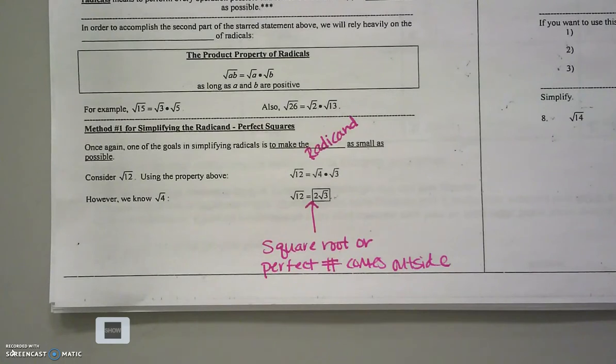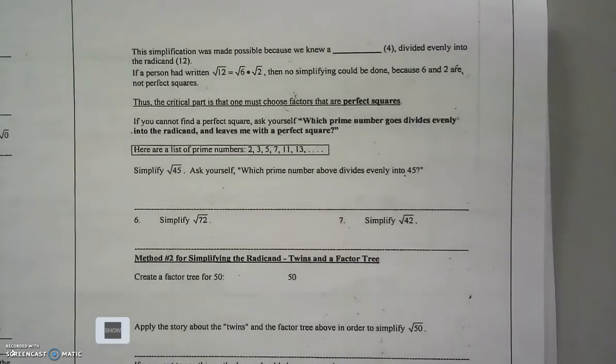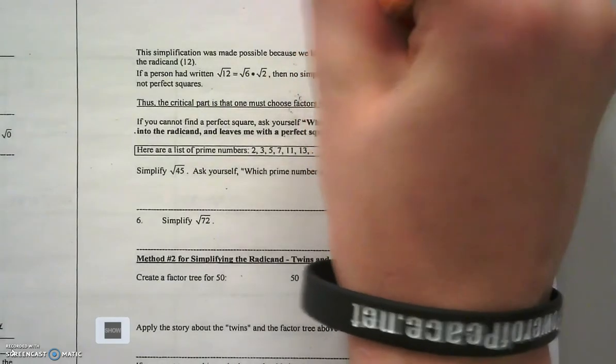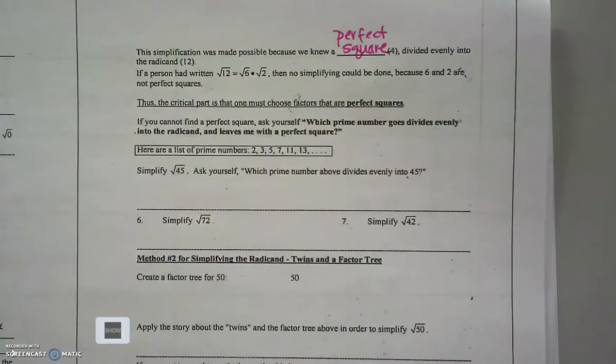Well, you might ask, why couldn't we use 6 and 2? Let's look at the next part of these notes. The simplification was made possible because we knew a perfect square divided evenly into the radicand 12.